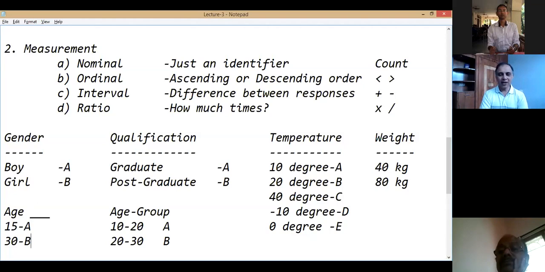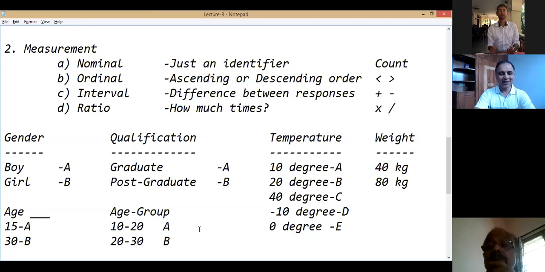But our experience is the more you ask open-ended questions, the lower the response rate will be. Hence, we have to look for this sort of measurement: age group 10 to 20, 20 to 30. People feel more comfortable giving vague answers than giving the correct answer.